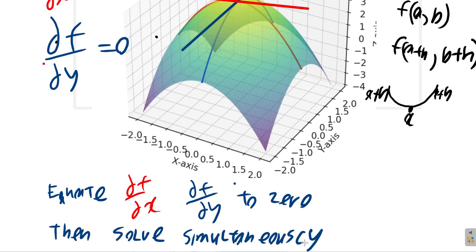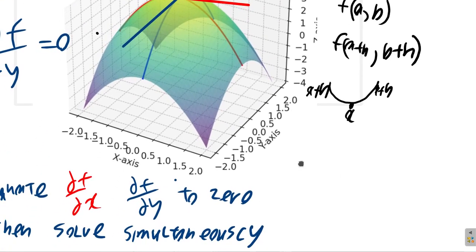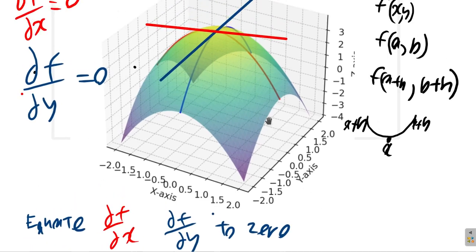Now the thing is, you want to know whether you have a maximum or minimum point. Now we're going to look at the situation with a minimum point, but I have 3 diagrams.